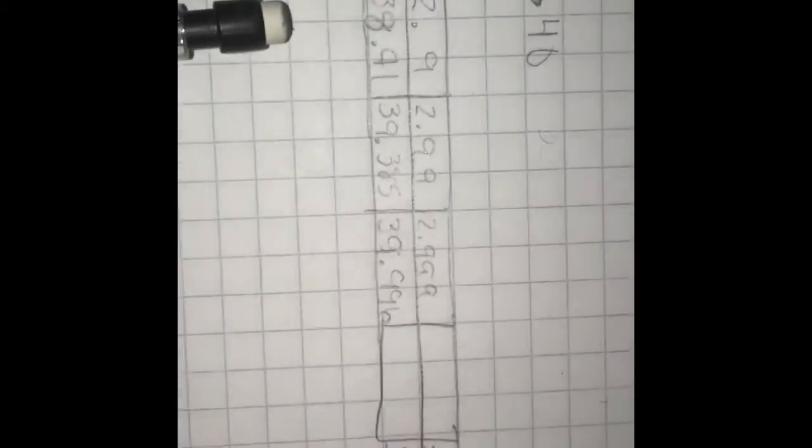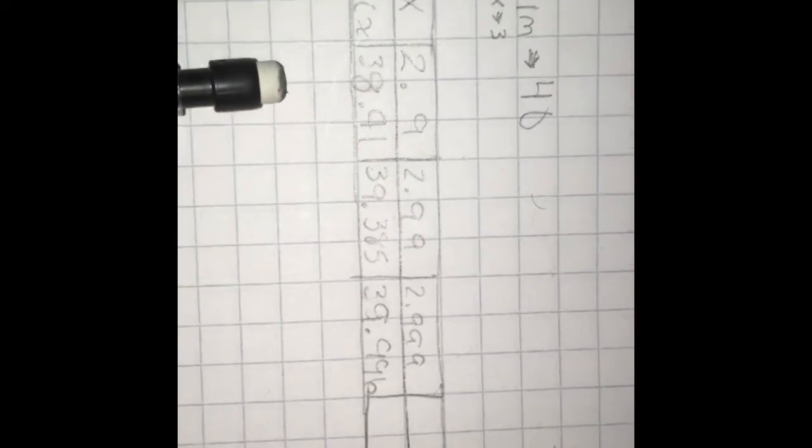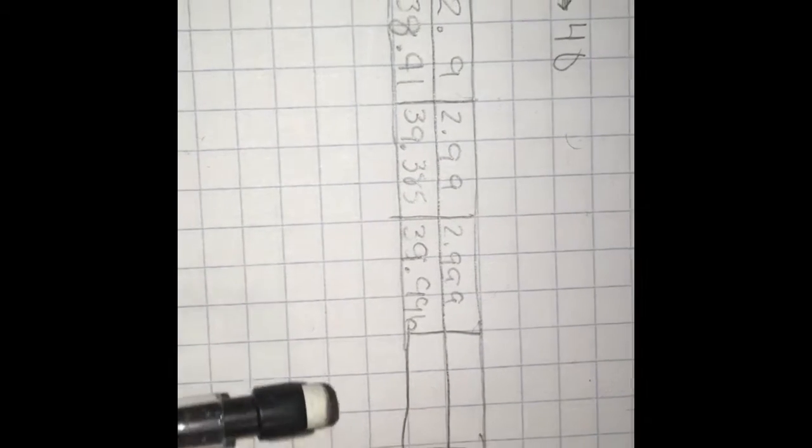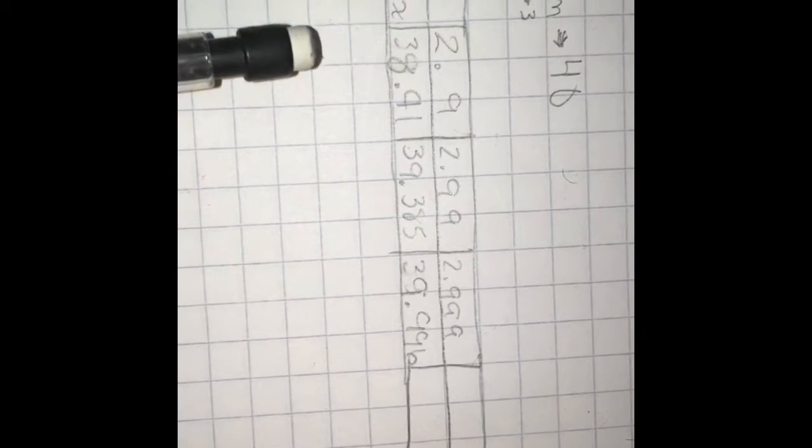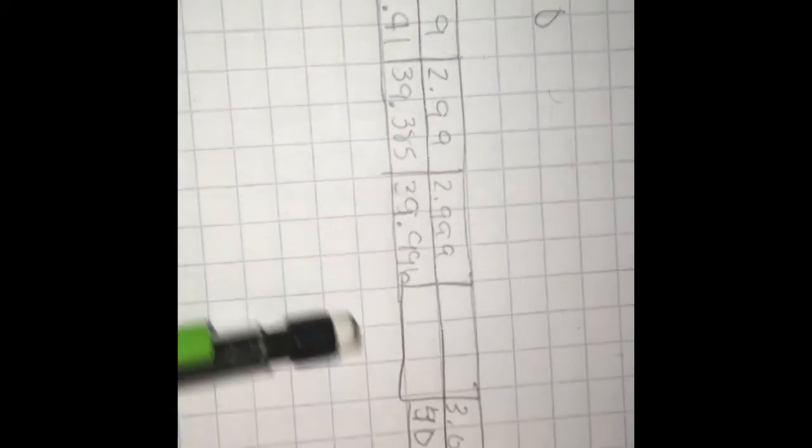As you can see here, we have both sides of our table approaching a number, and obviously that number is 3. As you notice up here, I have my limit of when x approaches 3 equals 40, because from these values down here, from 2.9 to 2.999, it is slowly getting closer to 40, which would be at 3.